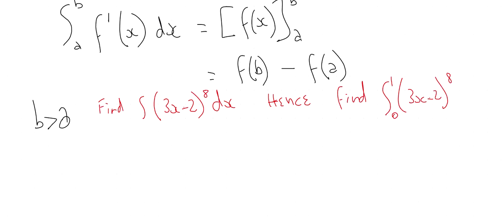So, okay, right, I'm going to have 3x minus 2 all to the power of 9 over... Oh, sorry, actually, I have a new power. It's 3 times 9. So remember, I take the a and I multiply by the new power. Did I not do that? Oh, sorry, my bad.